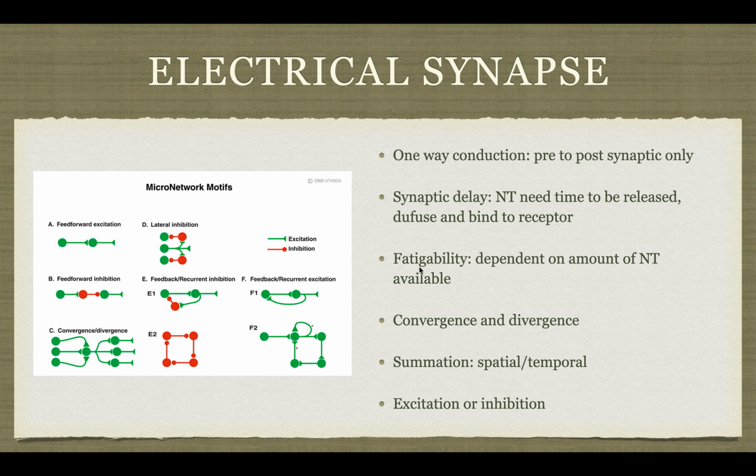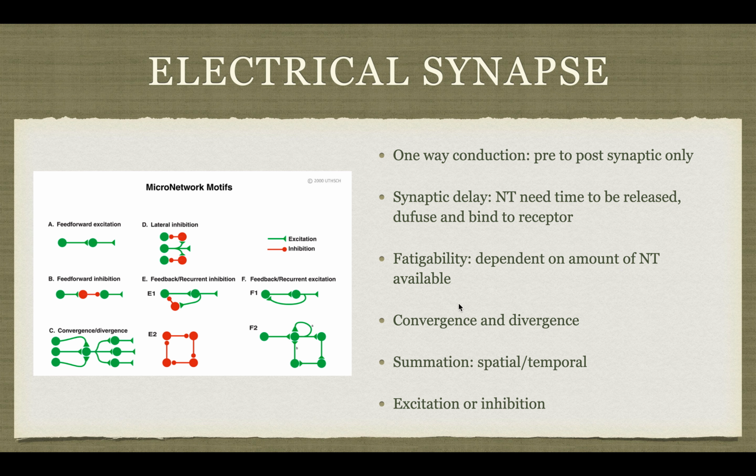So fatigability is dependent on the amount of neurotransmitter available. Remember, in myasthenia gravis, with each somatic movement, they use up their acetylcholine, and there is going to be less and less available every time they move.